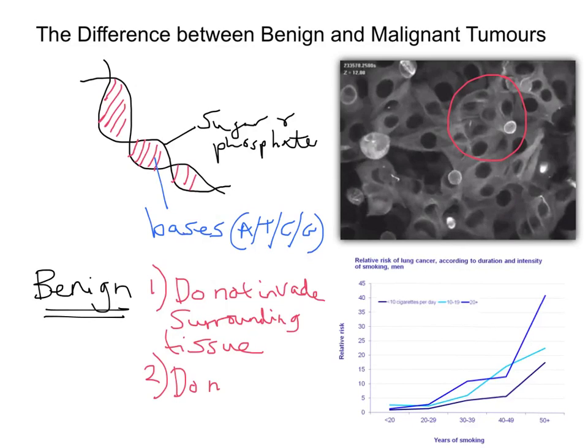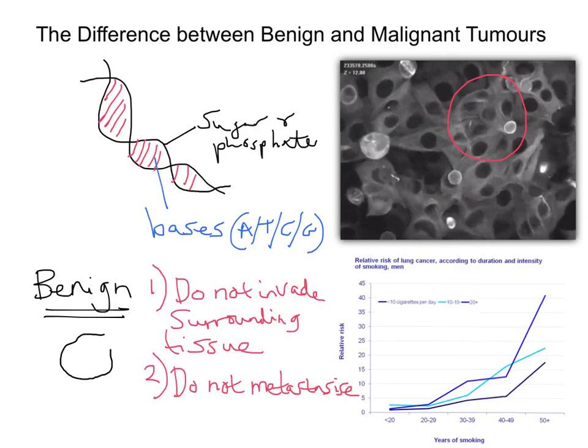And they do not metastasize, which is another way of saying spread. So benign tumours don't spread and don't invade surrounding tissues, so they tend to have a fixed shape.